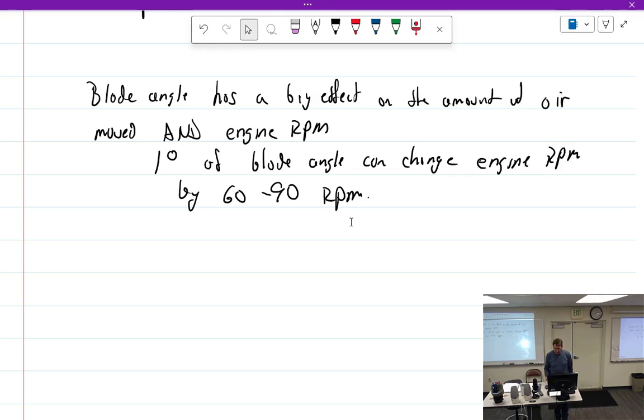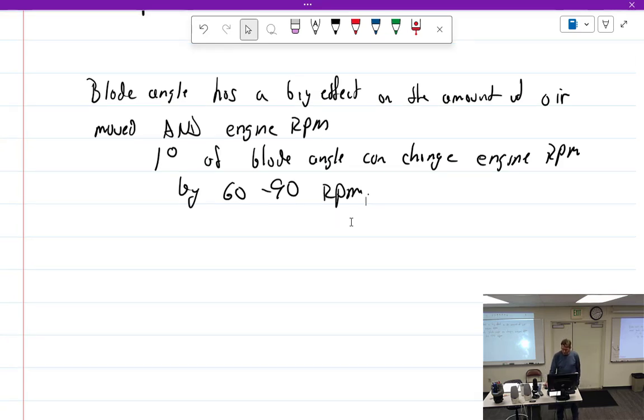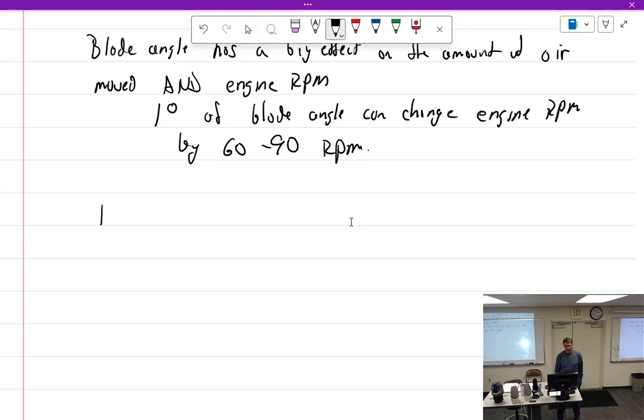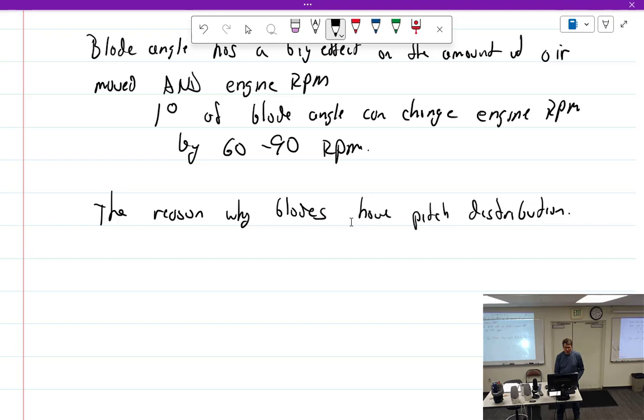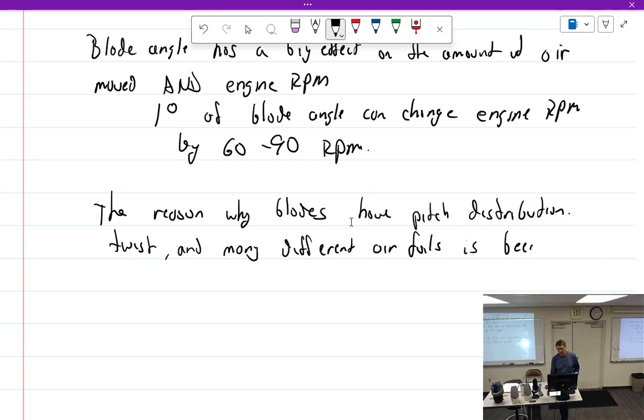The reason why blades have pitch distribution, twist, and many different airfoils is because the blade moves in multiple dimensions.